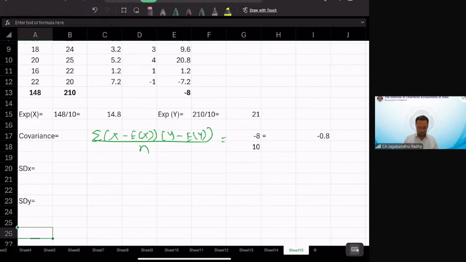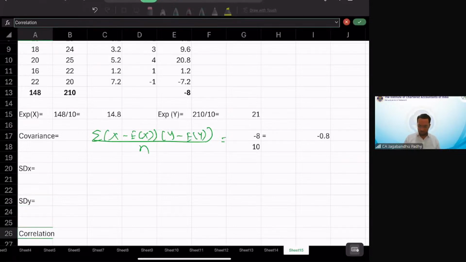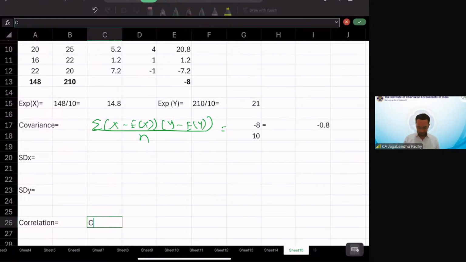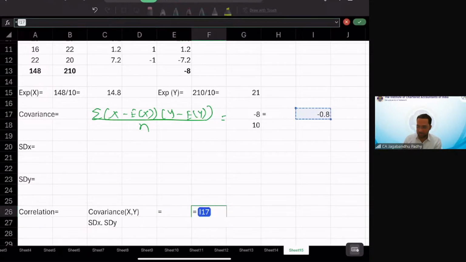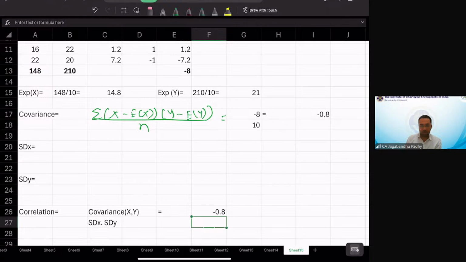And then the correlation will be simply covariance between x and y upon standard deviation of x multiplied with standard deviation of y. So the covariance is minus 0.8. You divide it by the standard deviation numbers, you will get the correlation.